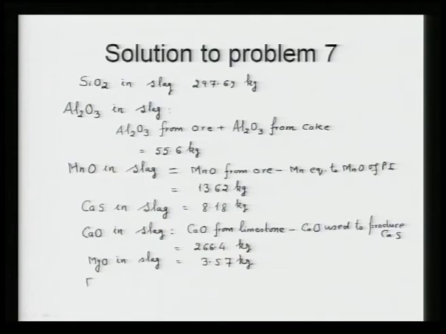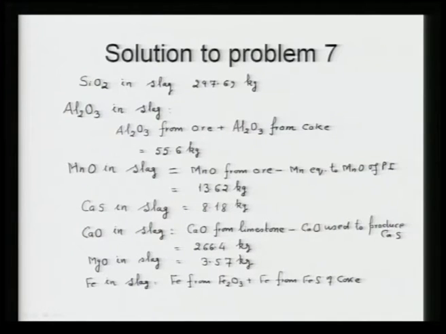Then iron in slag, now here iron from Fe2O3, that is the total iron from Fe2O3 plus iron from FeS of coke.